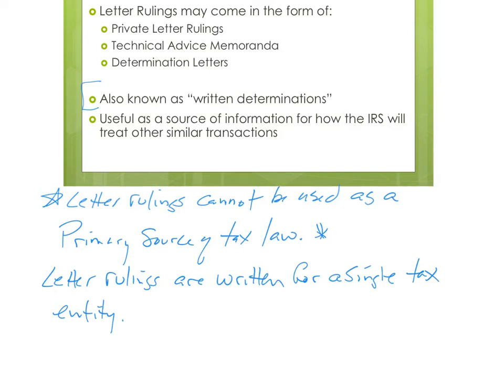So if I was asking for a letter ruling for a corporation that I was working with, and that corporation was able to get some sort of an agreement from the IRS, it would only apply to that corporation.